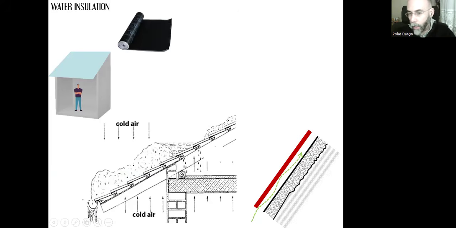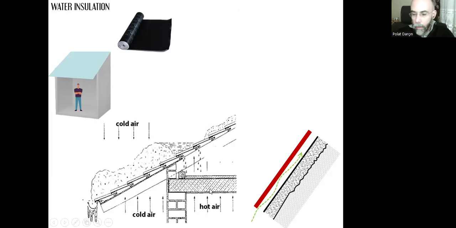However, it's not the same with this other part of the roof, because this has the indoor area. This is the indoor area, and because of the heating system, we have this hot air, and we know that air rises towards the upper direction, like this, including all the excessive water vapor.